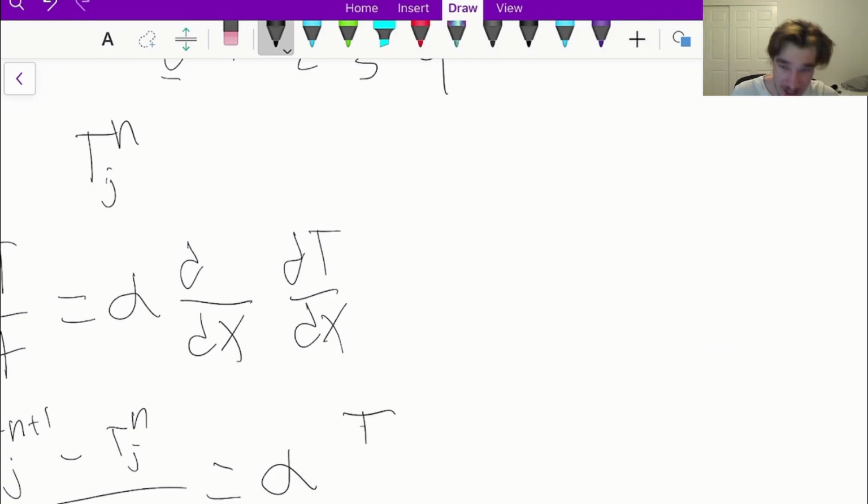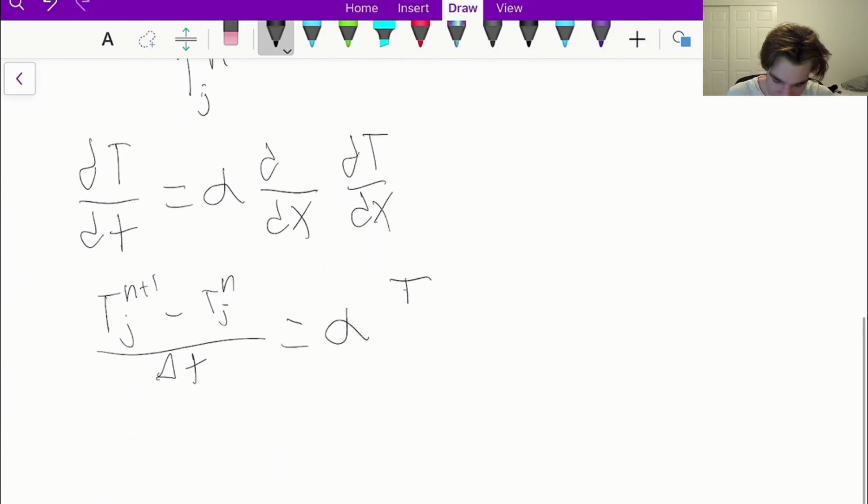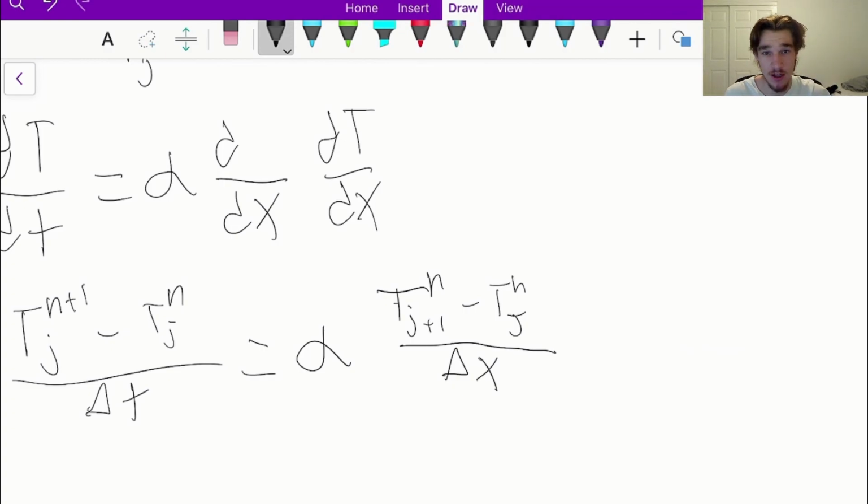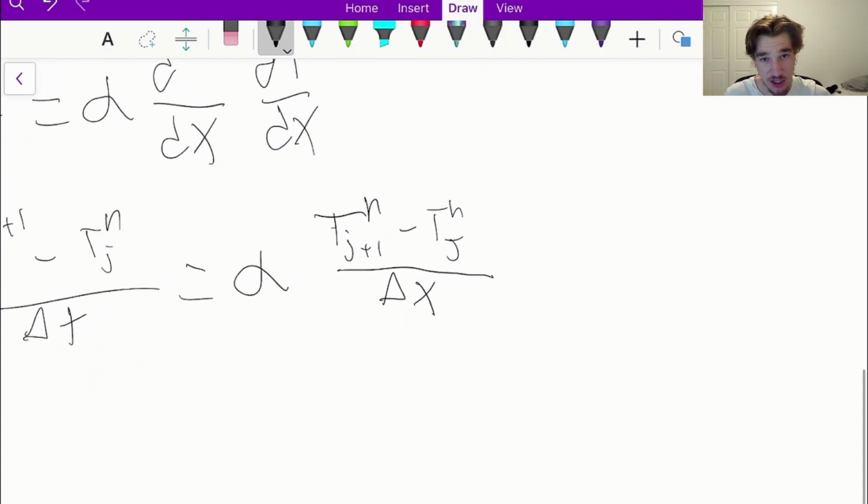It's going to be the temperature at, and this is over position, so our n is just going to be n, and this is going to be j plus 1, minus the temperature at time n of j, and this is over the change in location, or the change in x.